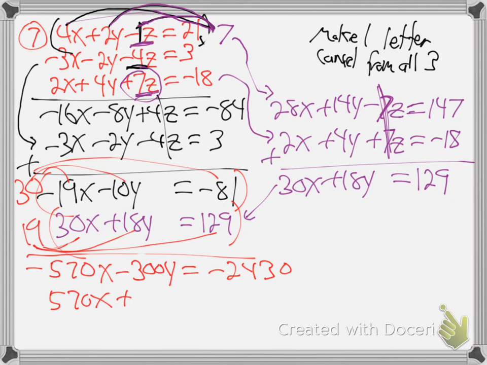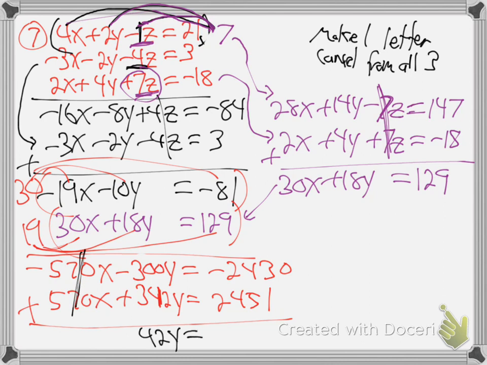I'm getting 342y equals, and whatever 19 times 129 is, 2451. Add them up, and the x's cancel by design. What's that? 42y is 21.